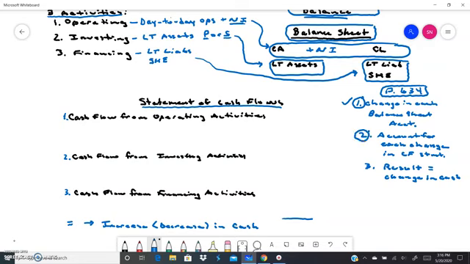Okay, so for instance, if you look at the second item, it says there's an increase in accounts receivable. If we look up above, we can see that current assets is part of our operating activities. So somewhere in here, we would have an increase in accounts receivable.